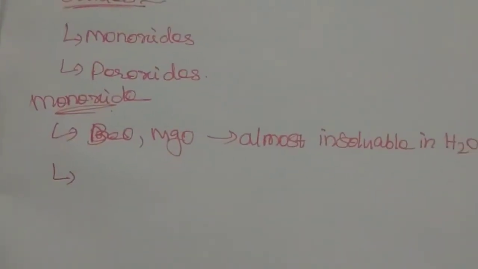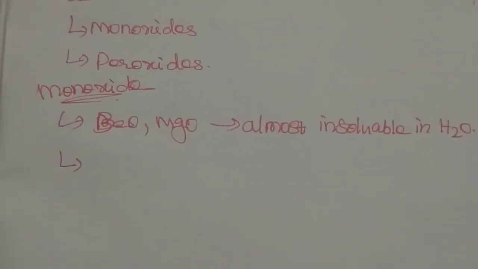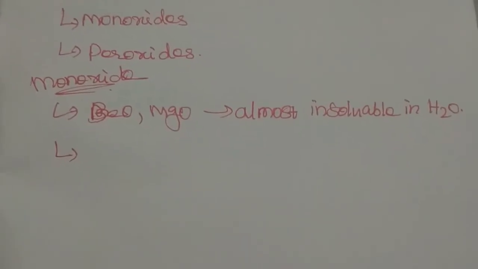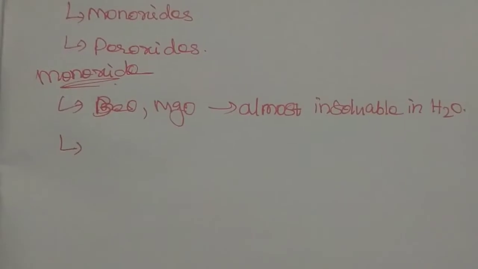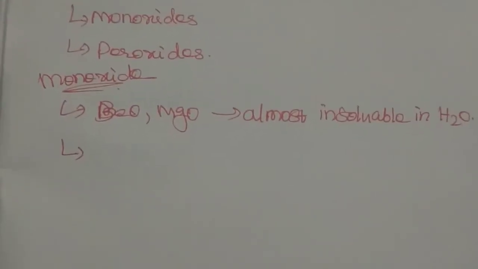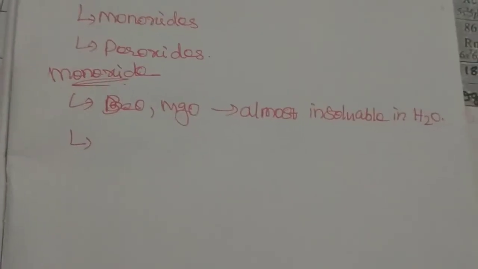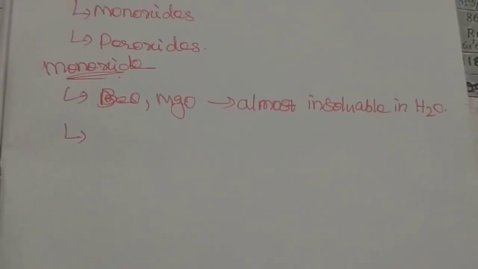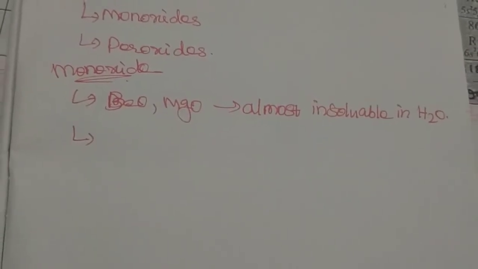So beryllium oxide and magnesium oxide both are insoluble in water, so they can't form hydroxide easily, because when the oxide of an alkaline earth metal is treated with water, it results in the hydroxide of that metal. The other metals in group 2 form oxides that are soluble in water.